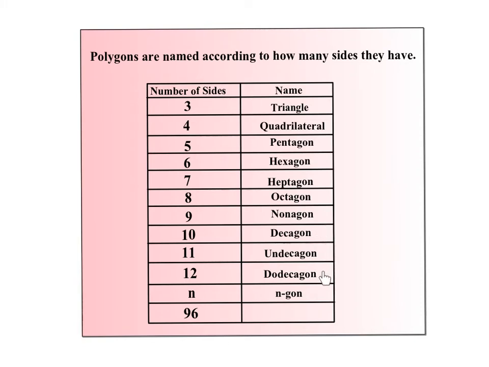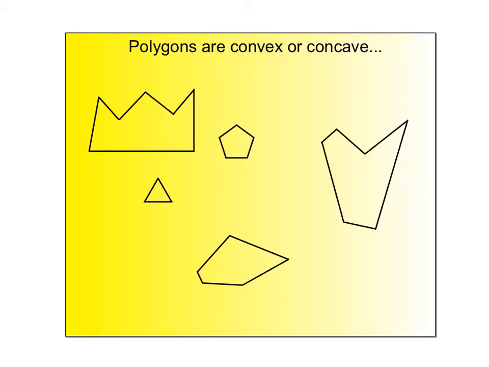Now beyond 12 sides, we just call our polygon an n-gon, based on the number of sides. So for example, if a polygon has 96 sides, we would call it a 96-gon. So 13 or above, you use the number plus -gon. Let's look at a little bit more on the next slide.